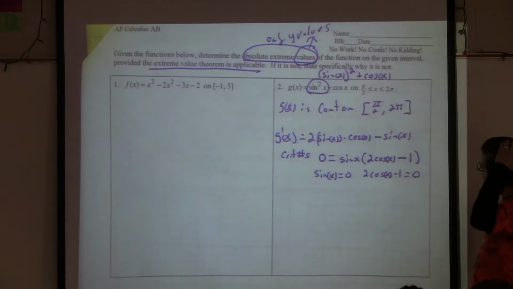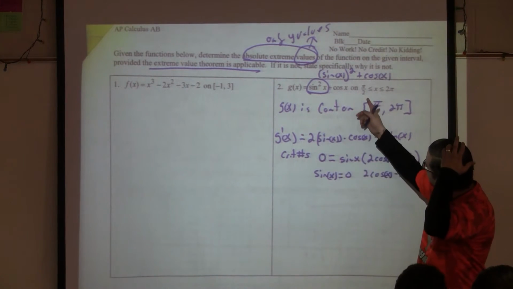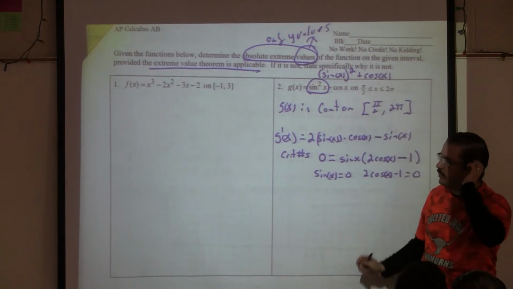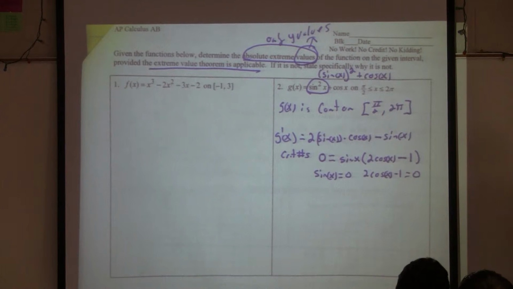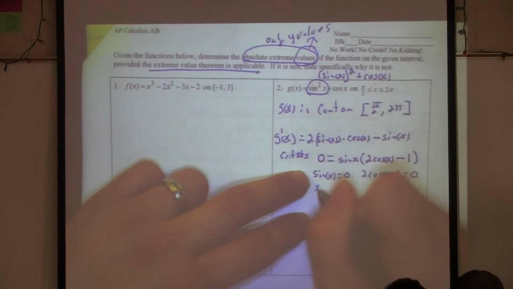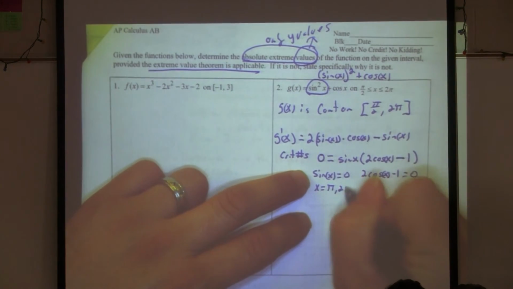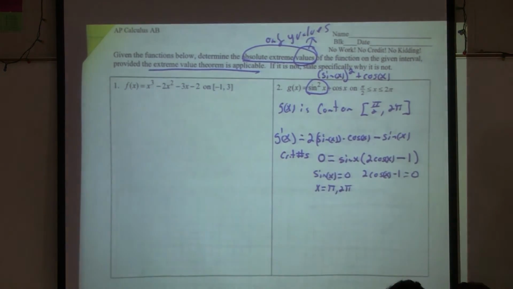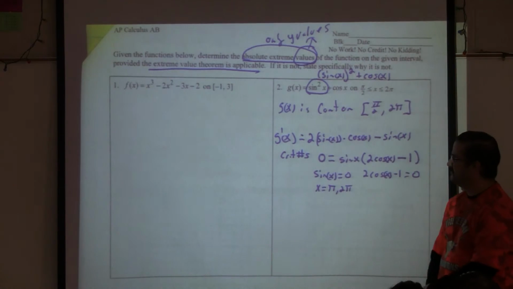Where does sine equal 0, again only between pi over 2 and 2 pi, including them? Pi and 2 pi for sine. Yes. So x equals pi and 2 pi.